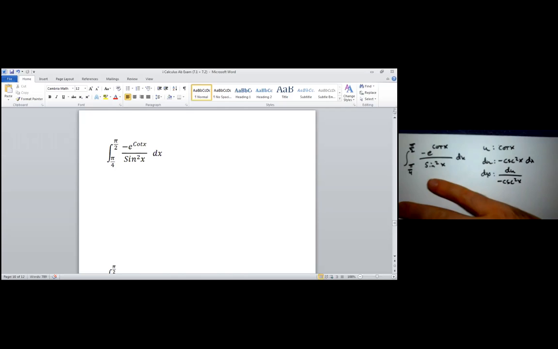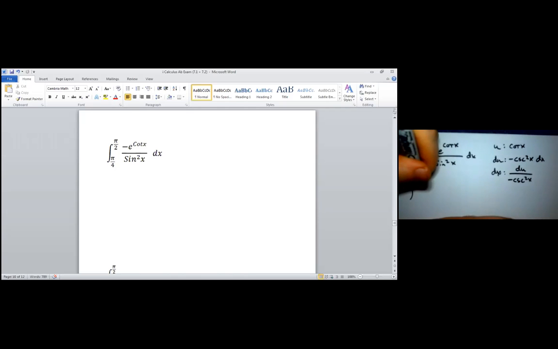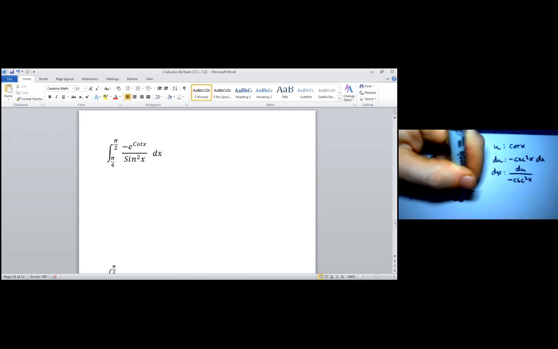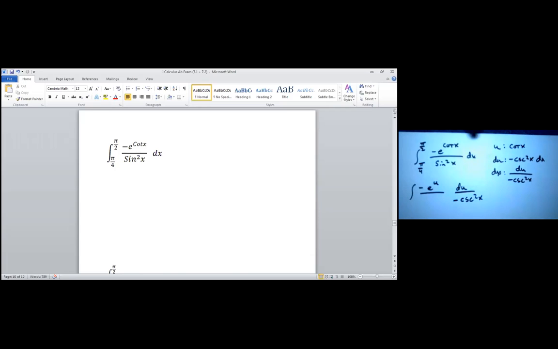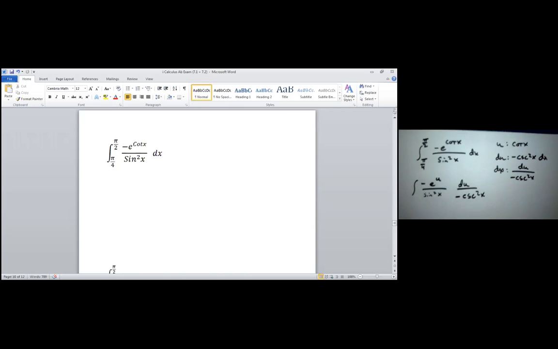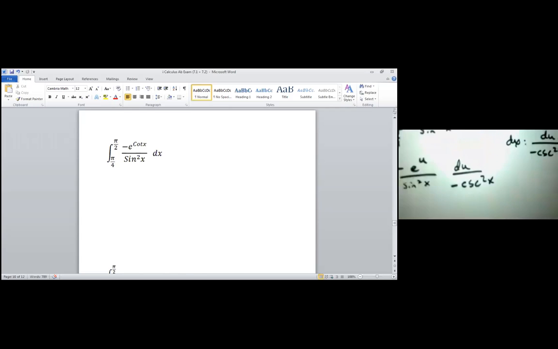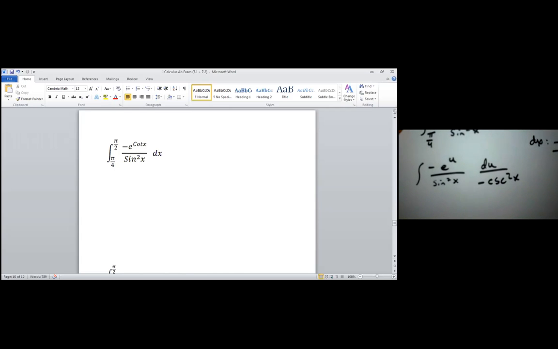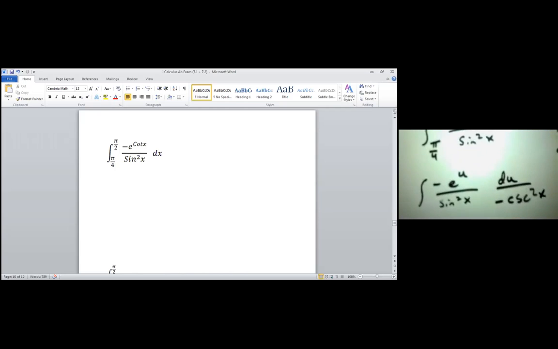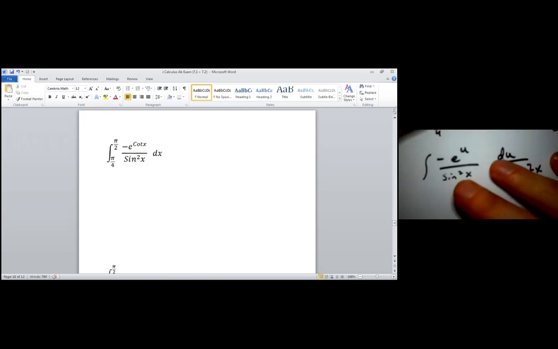Okay, so we plug this in. This is the integral of negative e to the u, and on the other side, you've got du over negative cosecant squared x. You can write this sine squared x in, but you have to see the trick. The trick to the problem is that I can flip this trig function, sine squared x, upstairs.